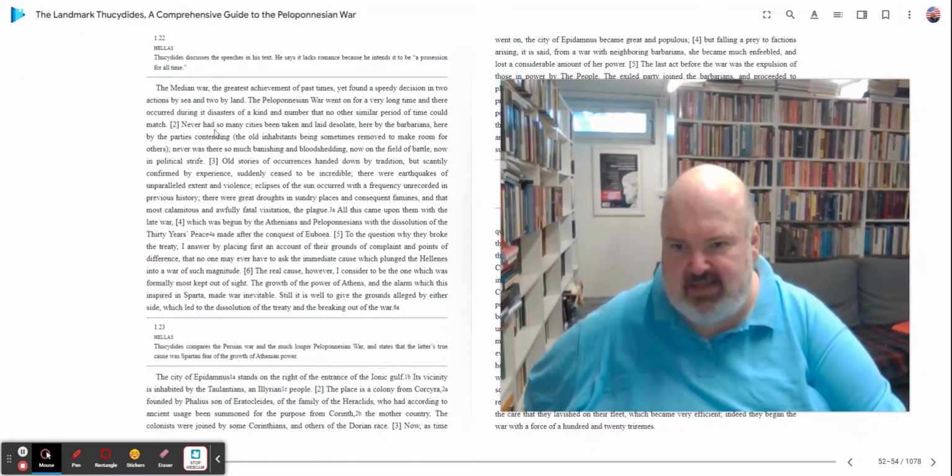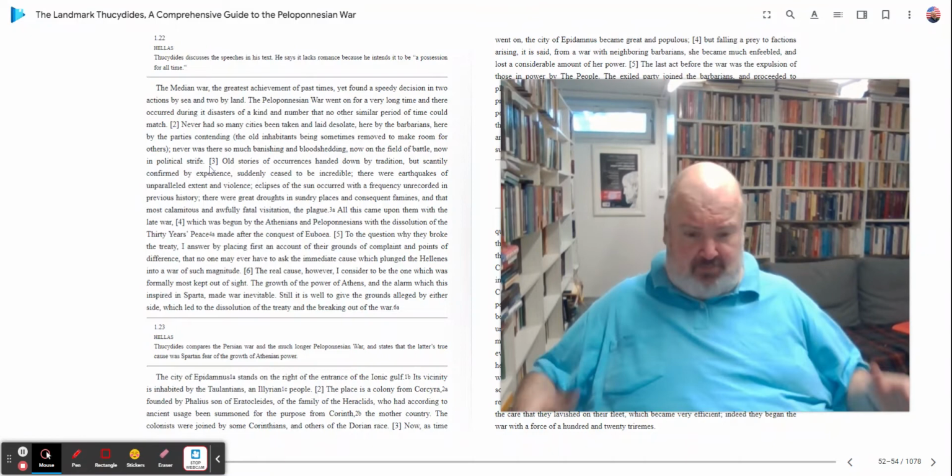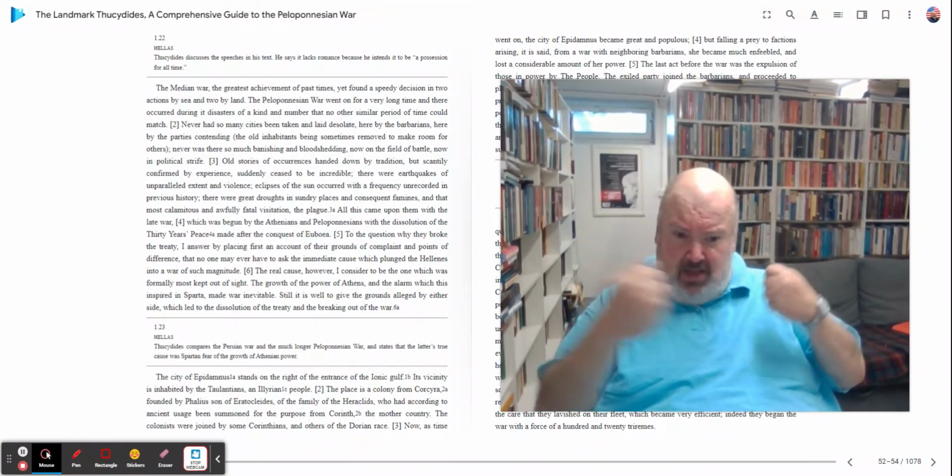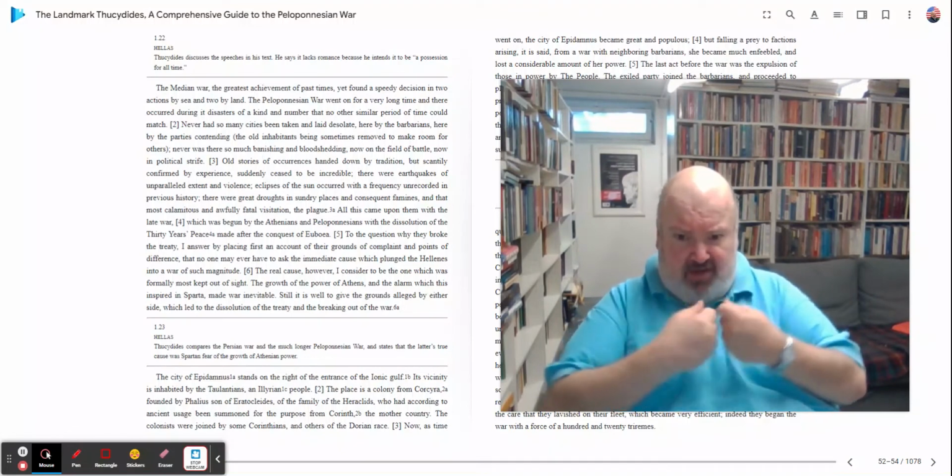Never had so many cities been taken and laid desolate, here by a barbarian, here by the parties contending, the old inhabitants sometimes being removed to make room for others. Neither was there so much bloodshed, now on the field of battle, now in political strife. So therefore, physical conflict, both on the battlefield but also amongst the civil strife inside themselves.